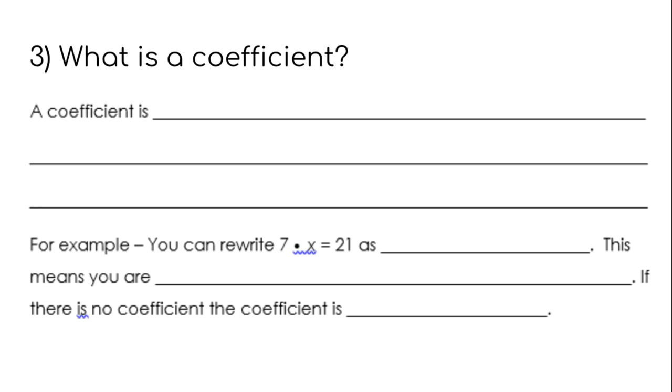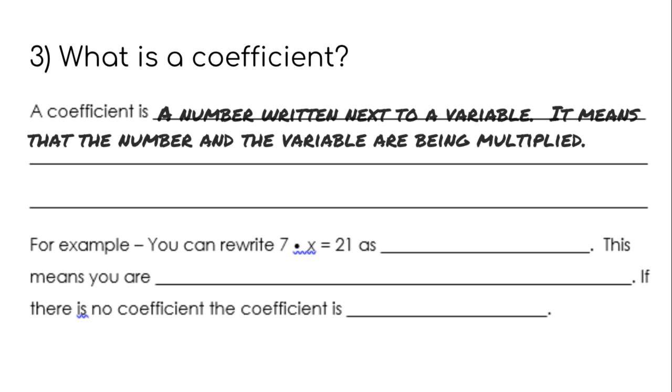So then what is a coefficient? A coefficient is going to be a new word for you this year. A coefficient is a number that's written next to a variable. It basically means that you're taking the number and the variable and you're multiplying them. I always like to joke that mathematicians get lazy. This would be one of those times.